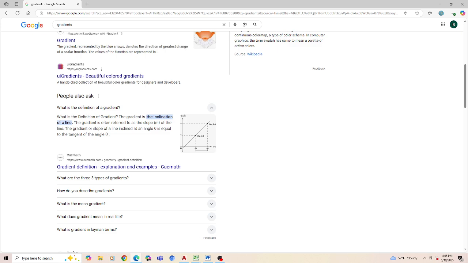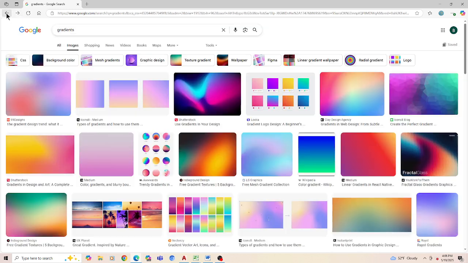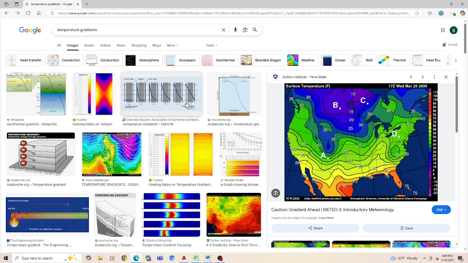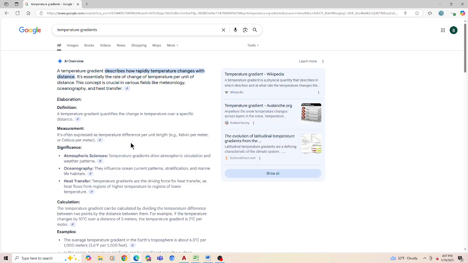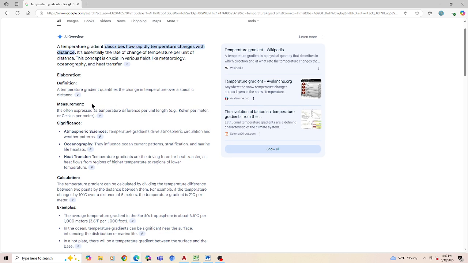But by definition, a temperature gradient quantifies the change in temperature over a specific distance. That's why I'm not finding it. Let's go back to temperature gradients. Show more. Yes, elaboration. A temperature gradient quantifies the change in temperature over a specific distance.